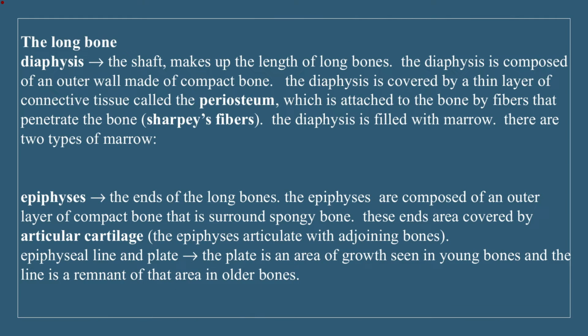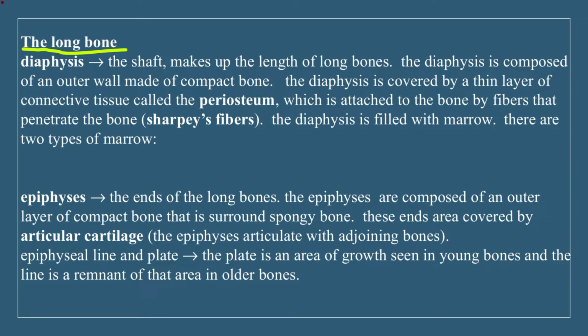We looked at that. Now, the long bone. This is where I want you to make sure you get this information down. So I mentioned the diaphysis and the epiphysis, and let's go back and define what that is. The diaphysis is the shaft of the bone. That is the long part of the bone, and it has a lot of compact bone, and then it has the marrow cavity inside.